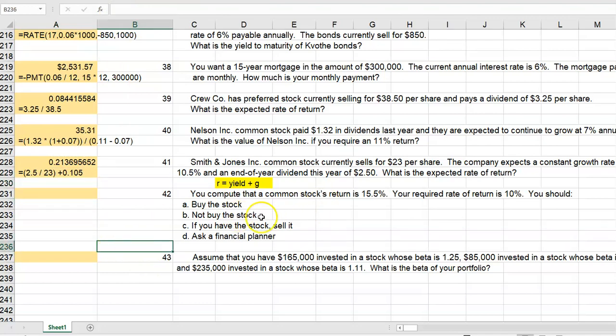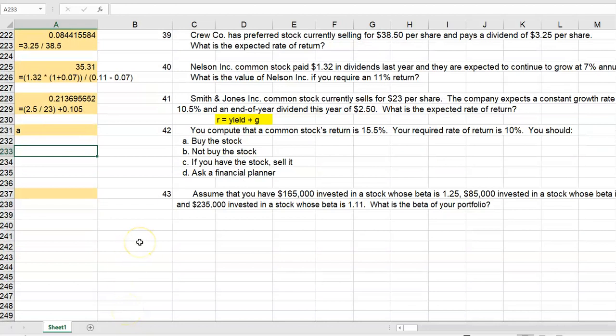Your computed common stock's return is 15%. Your required return is 10%. What should you do? Hey, if I want 10% and this one gives me 15, I better buy the stock. Right? That should be straightforward.